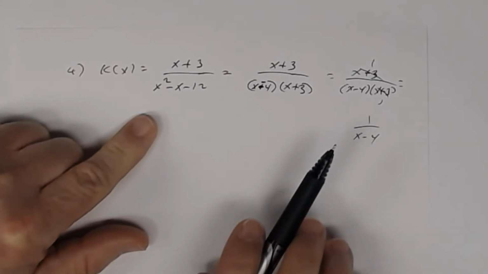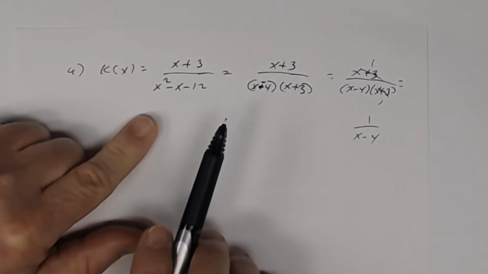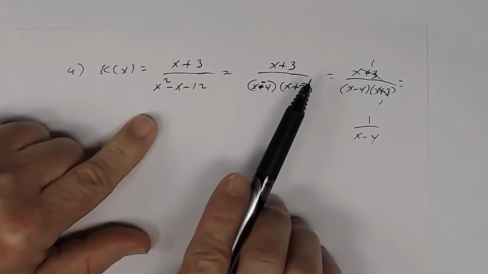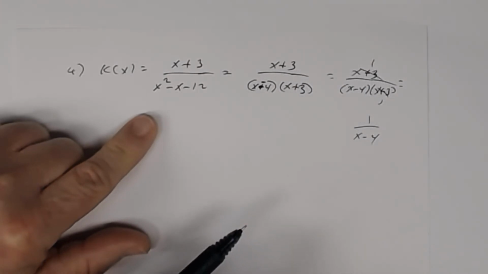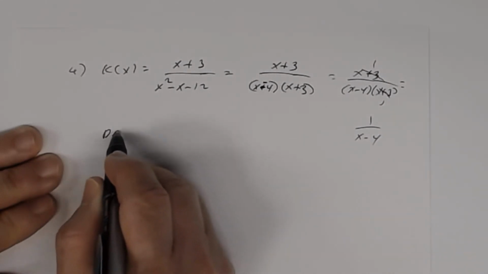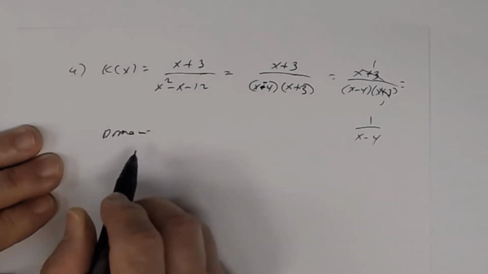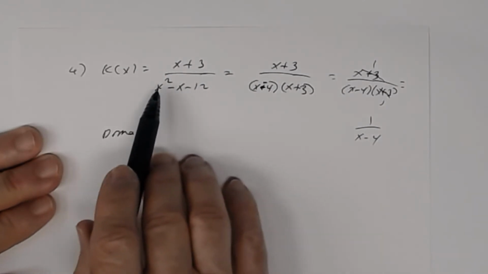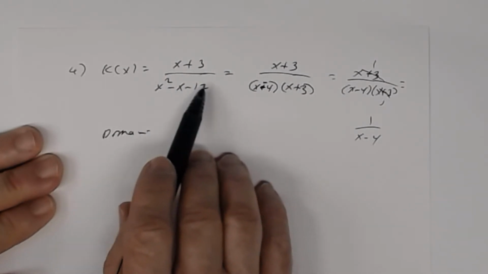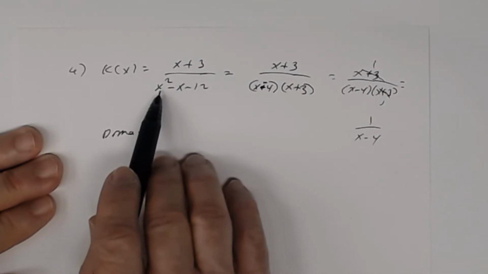All right, now we got to have a discussion here because this is the first example where you had to reduce common factors. Okay, so let's talk about the domain. To find the domain, you take the denominator and you find the zeros of the polynomial.